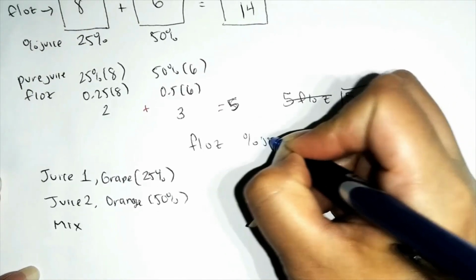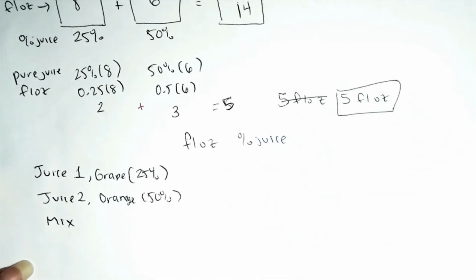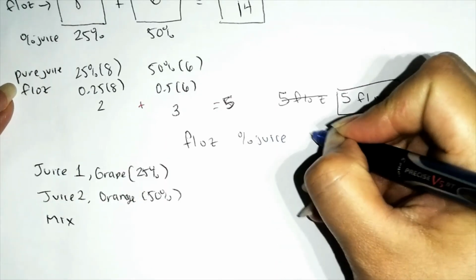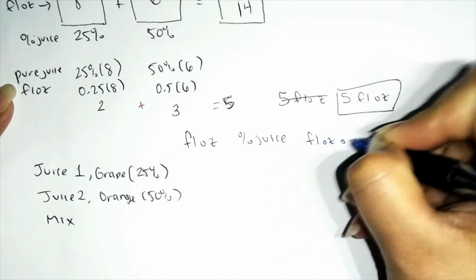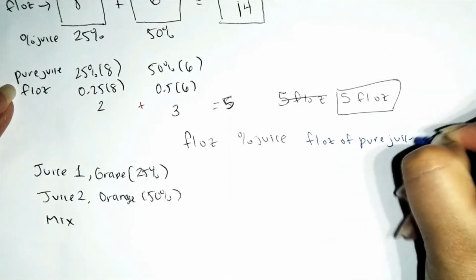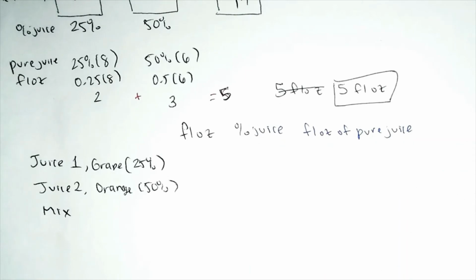We're talking about juice, so I'm gonna put percent juice. The third column is the amount of pure whatever you have, so I'll put fluid ounces of pure juice. Do you have to write the word pure? No, that's just how my mind flows. You can just put fluid ounces of juice.